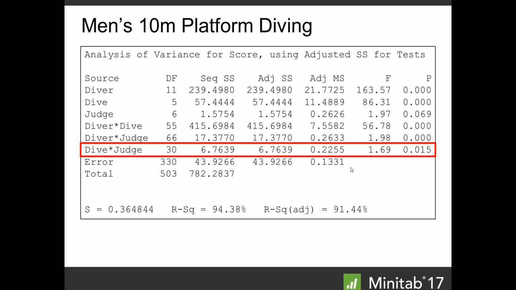Different terms are going to have a different, well, I don't want to get too much into the general linear model, what's called expected mean squared that you're comparing it to. So the significance of that F statistic is compared to an F with certain numerator degrees of freedom and denominator, and each of these has a completely different number. So comparing them to each other is not possible. For example, for judge you have a 1.97, which resulted in a non-significant p-value. For diver-judge, you had a 1.98, which was an incredibly significant p-value.